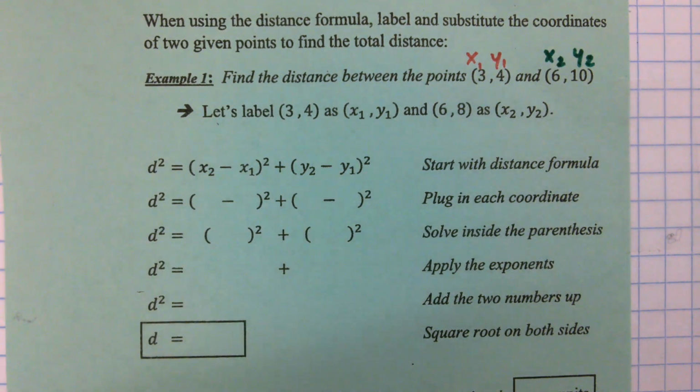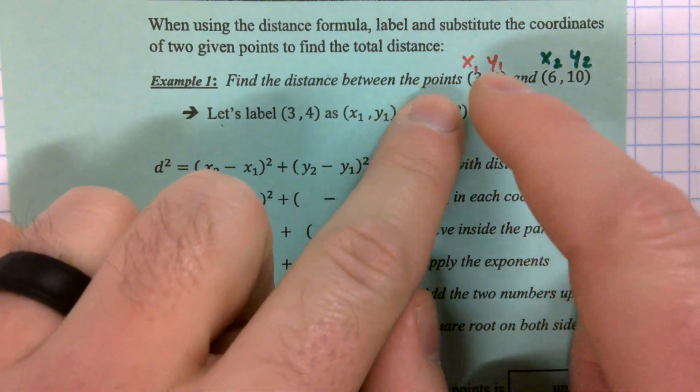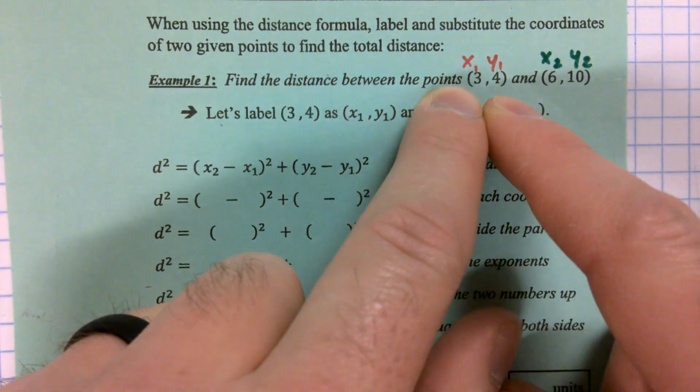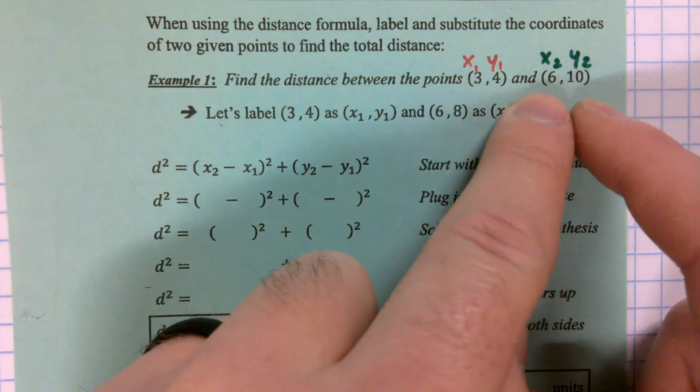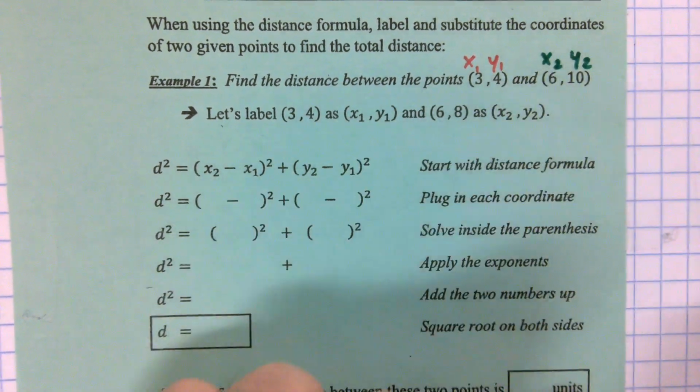This is the x coordinate of my first point with the y coordinate of my first point. The x coordinate of my second point with the y coordinate of my second point.